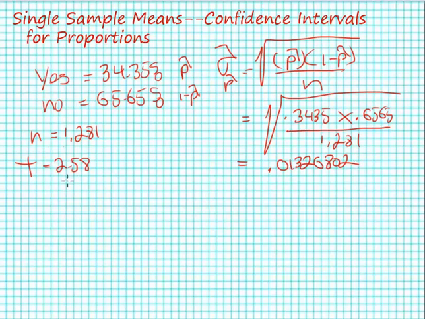And I can write out my entire formula as follows. I'm going to have a confidence interval equal to 0.3435 plus or minus 2.58 times 0.0132682.